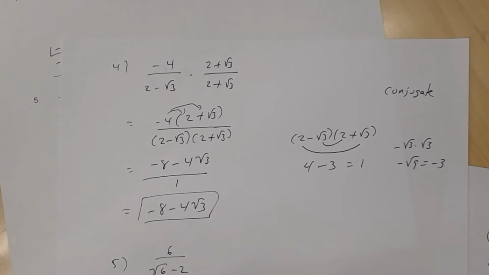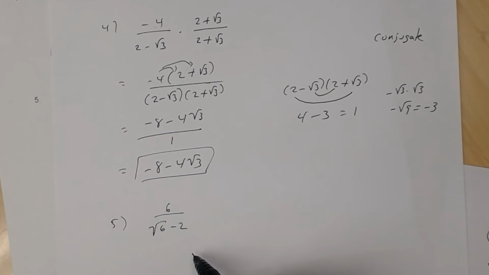But just leave it like this. There's no big deal. You can leave it as the square root of 6 minus 2. In fact, I would probably leave it as that, because if you wrote it as negative 2 plus the square root of 6, and you multiply by the conjugate of what you see, it would be a little bit more difficult. All right, so just leave it like this.